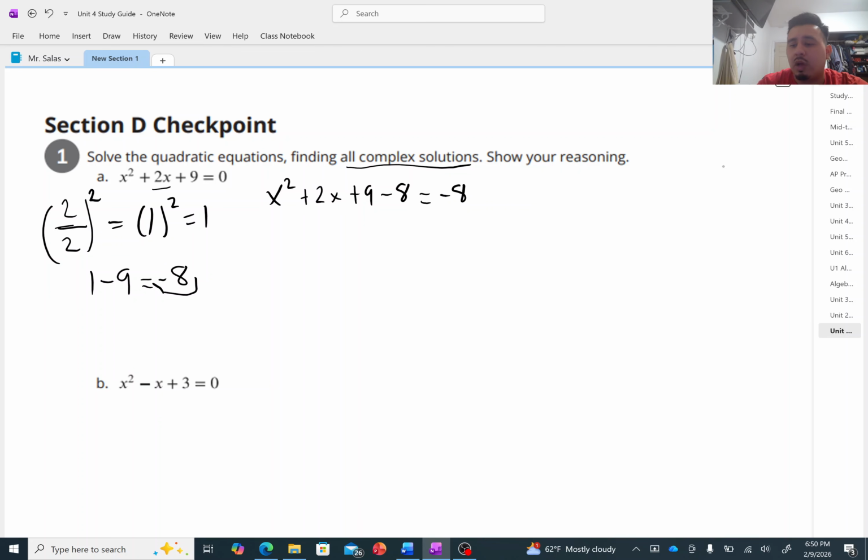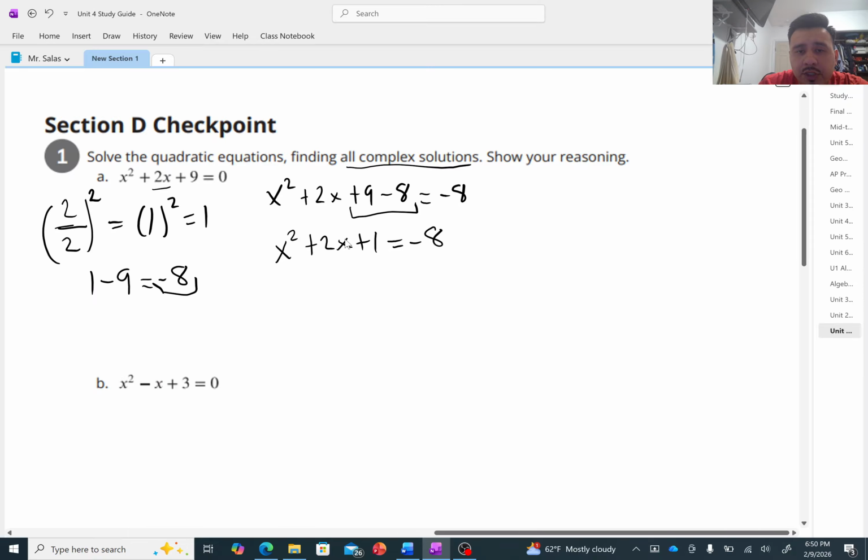Hopefully we're still following along. From here, I'm going to combine these two terms since they don't have any x value, so x squared plus 2x plus 1 is equal to negative 8.